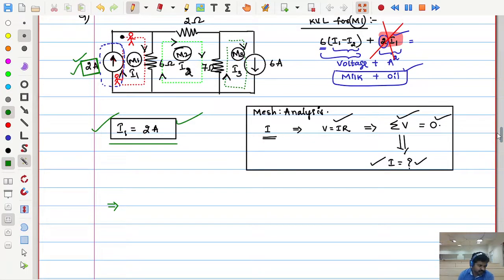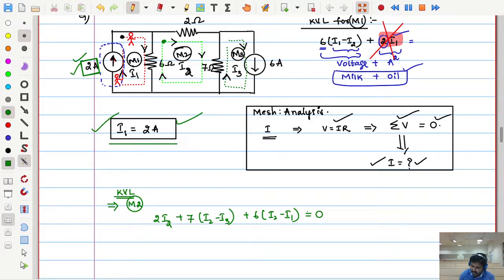Okay. Next, let us move to mesh 2. KVL for mesh 2. What do we do? Same procedure. Never deviate from the previous procedure. Let us start your journey somewhere. 2 into I2 plus 7 into (I2 minus I3) plus 6 into (I2 minus I1) is equal to 0.